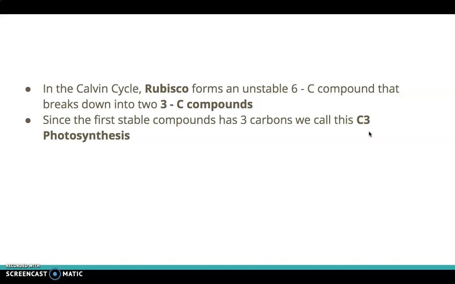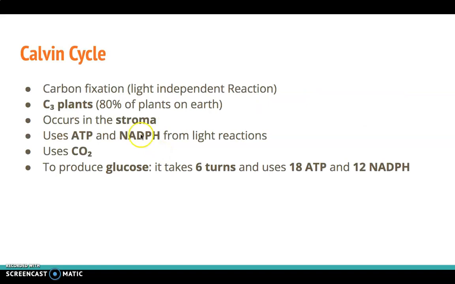So that whole time in the last lecture, we were talking about the Calvin cycle, we were talking about the cycle process of C3 plants, or the plants going through C3 photosynthesis. This occurs in the stroma of the cells.